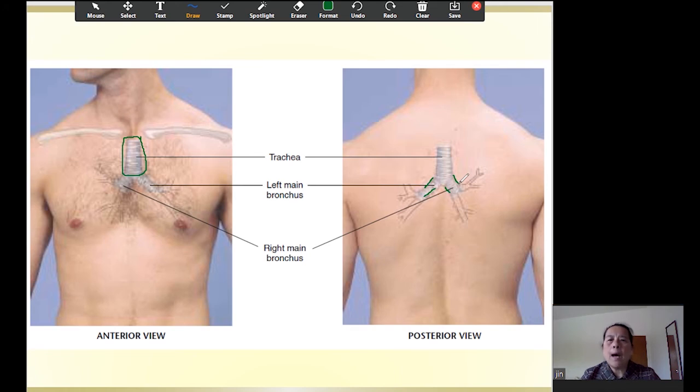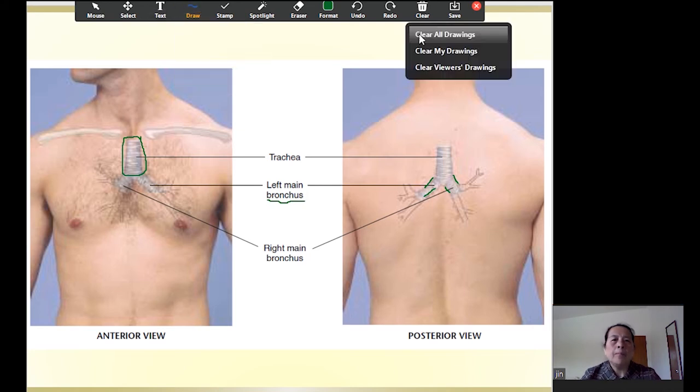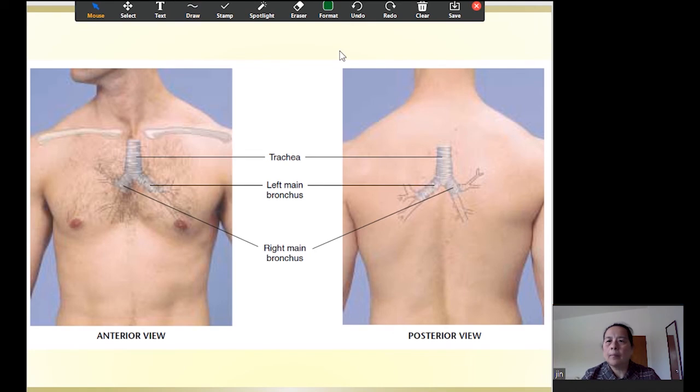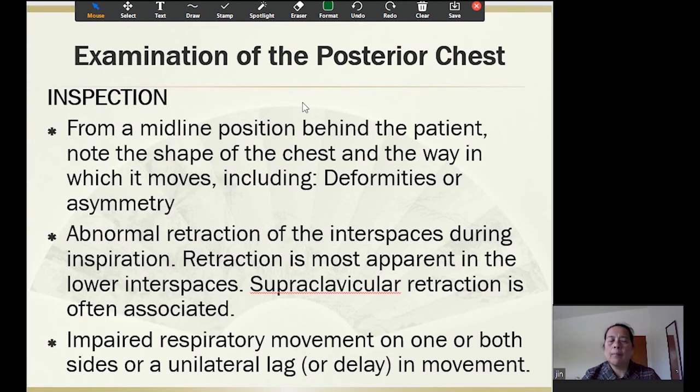But we can hear the sounds coming from the trachea and from the bronchial tree. So that's basically some simple anatomy of the chest part.